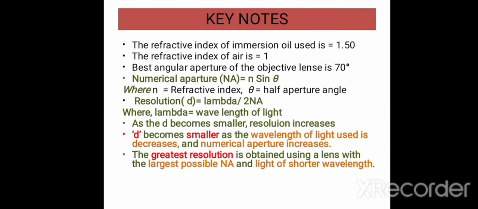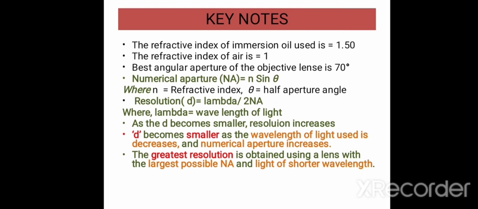As D becomes smaller, the resolution increases. D becomes smaller as the wavelength of light used decreases and the numerical aperture increases. The greatest resolution is obtained using a lens with the largest possible numerical aperture and light of shorter wavelength.